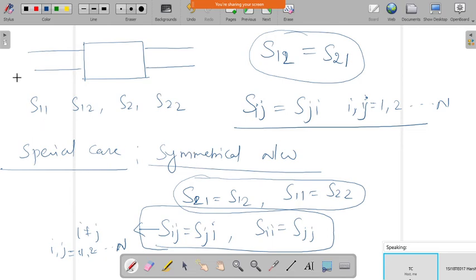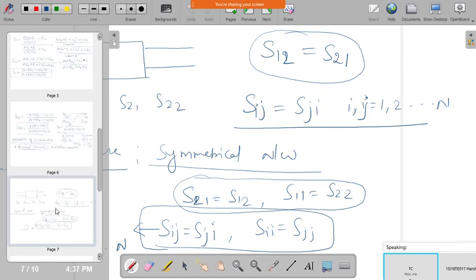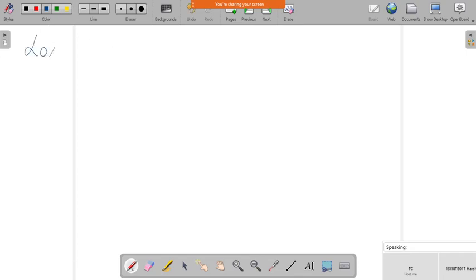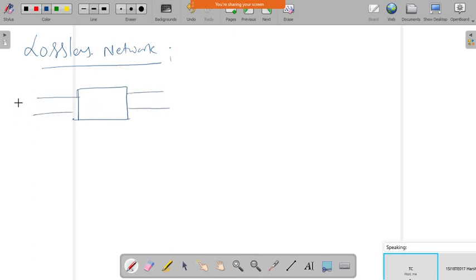Now coming to another property, which is called the lossless network. Lossless means there is no loss within the circuit.